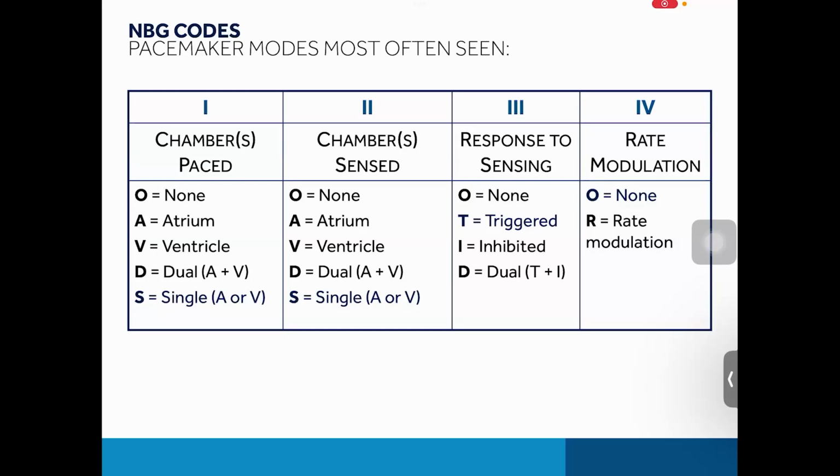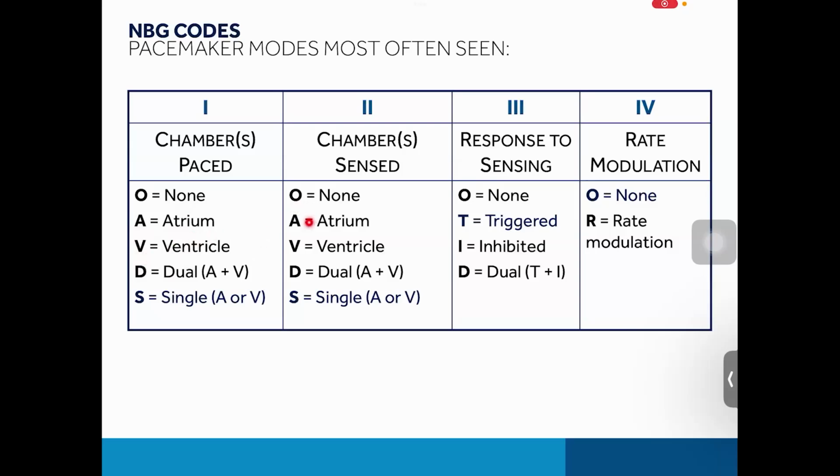So if we have a mode of VVI, V refers to the ventricle, A refers to the atrium, D dual. S is not used here, but we have all this.